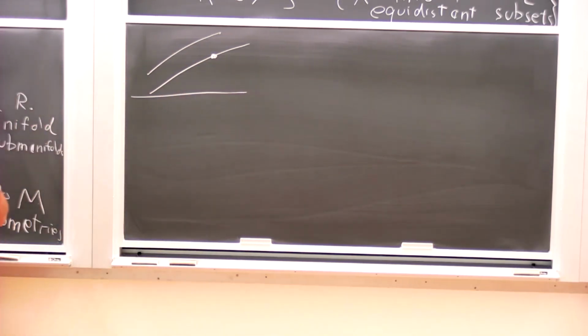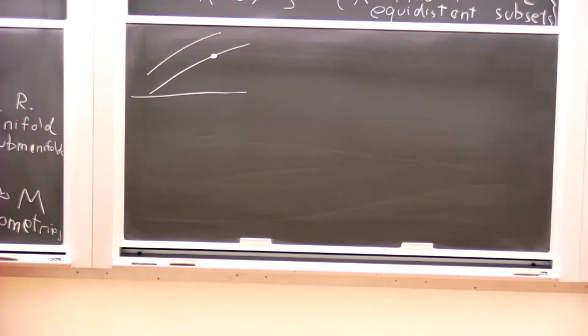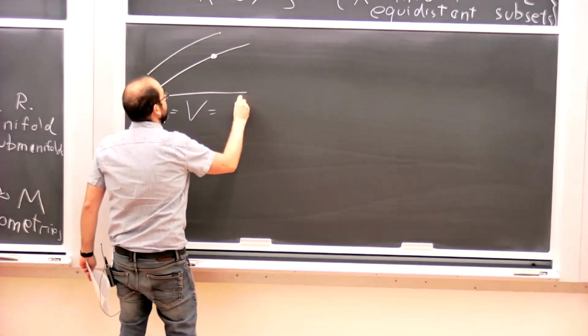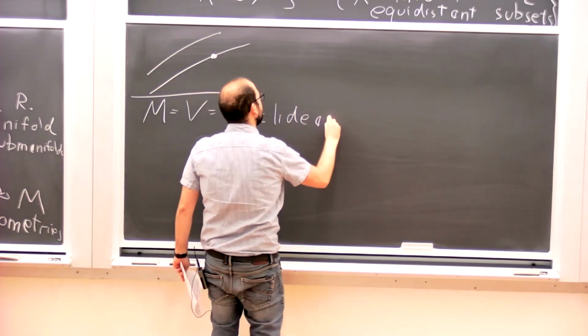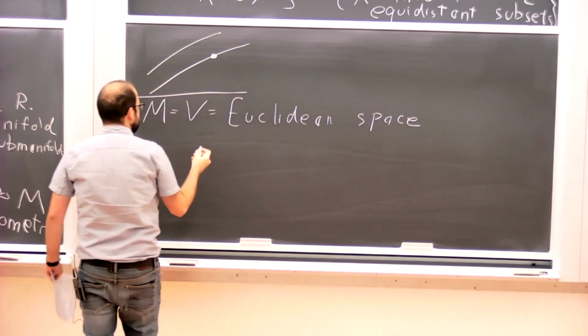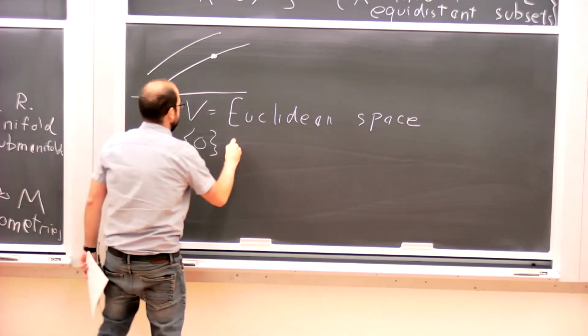So now I want to restrict attention. We're talking about manifolds so far, so let's take the total space to be some Euclidean space. And I want to ask another thing: I want just the origin by itself to be a fiber.